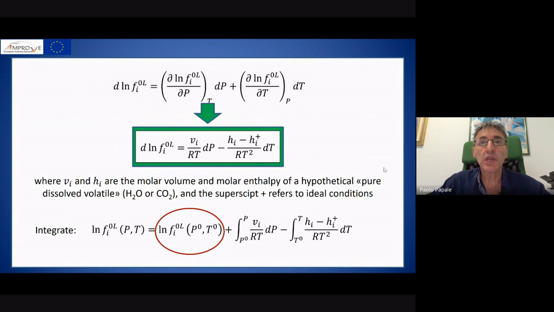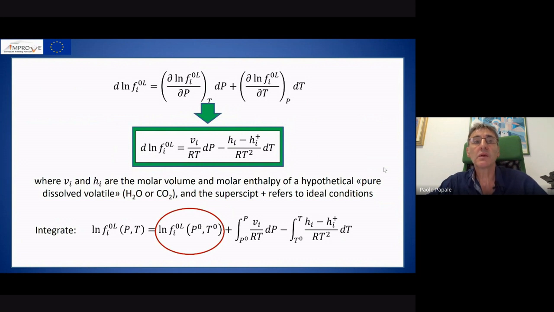Thermodynamics deals with changes from one state to another. Therefore, quantities such as the Gibbs energy or its smaller counterpart, the chemical potential, as well as many others, are only defined in terms of differences from one state to another. Here we want to express the chemical potential, or equivalently, the fugacity, for a volatile dissolved in the liquids.